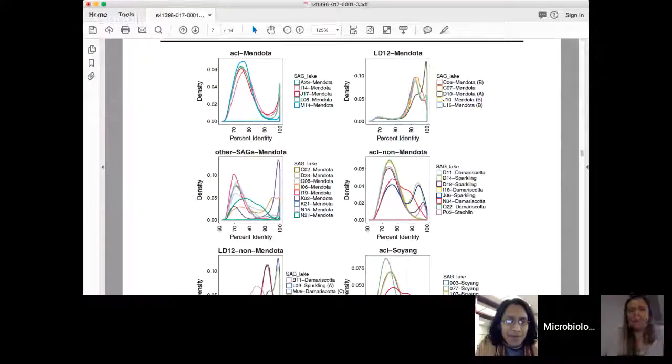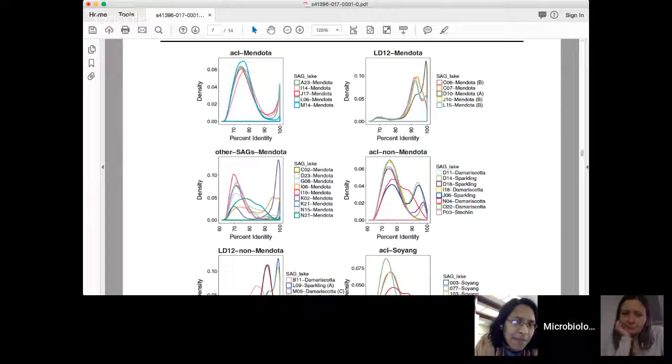And then you move your cutoff to 70%, and then you look at the number of reads that recruit. And then that gives you a plot that looks something like this. Okay, do you guys see that? Okay, so I thought this was a neat idea.